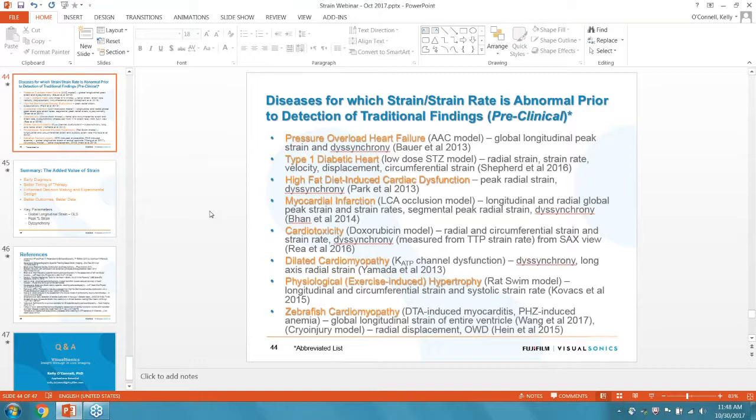People typically choose one or the other based on where you expect regional changes. In long axis, if you are looking at regional changes that span from the base to the apex, you'd want to use long. If you're looking at regional changes that affect maybe septal and free wall areas, then you might want to look at circumferential or short axis strain.